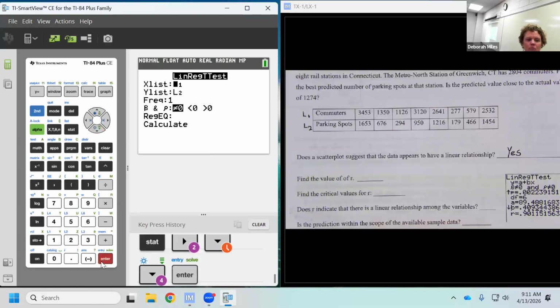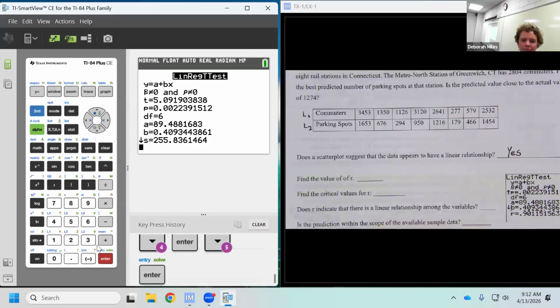And enter. Tell the calculator, yes, I want to pick my X's from list 1, my Y's from list 2. They each have a frequency of 1. And remember, for the linear regression T-test, you're always going to say not equal to 0. And then go down to calculate.